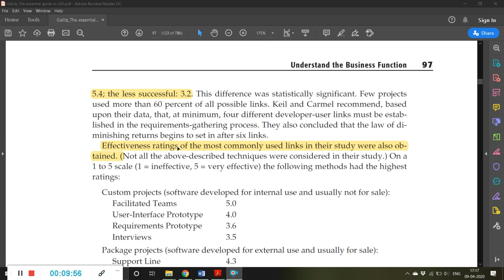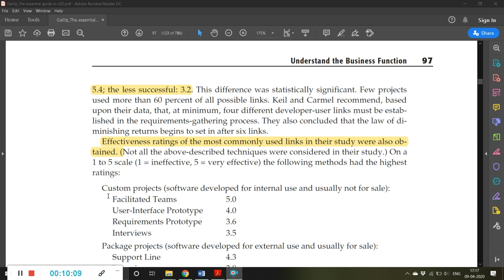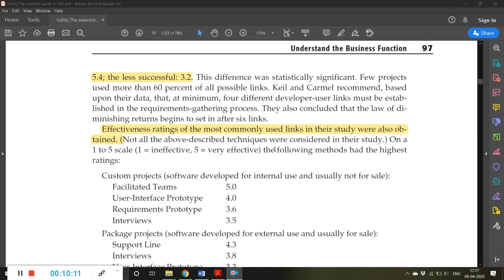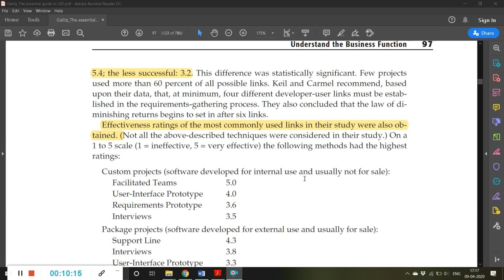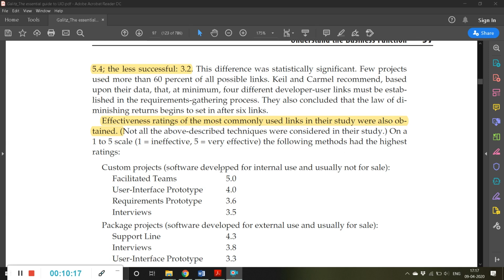So effectiveness ratings of the most commonly used links in their studies were also obtained. So here you can see 1 is ineffective and 5 is very effective. The following methods, on a 1 to 5 scale, had the highest ratings. The first highest rating was given to facilitated teams.